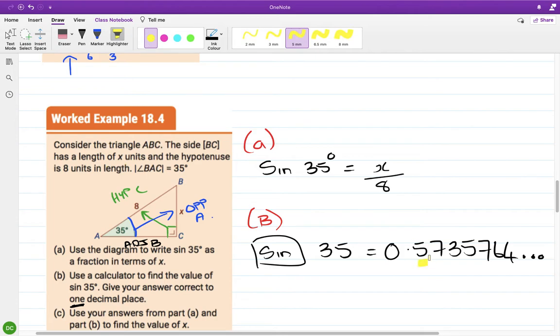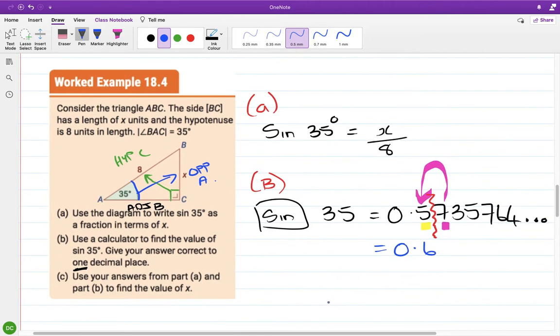So here's 1 decimal place. And then I'm going to stop. So it either stays as 0.5 or it goes up 1. We decide that by looking at the next number. That number is greater than 5, which means it's going to push that up. So that's going to become 0.6. Okay, and that's the sine of 35 in my calculator.